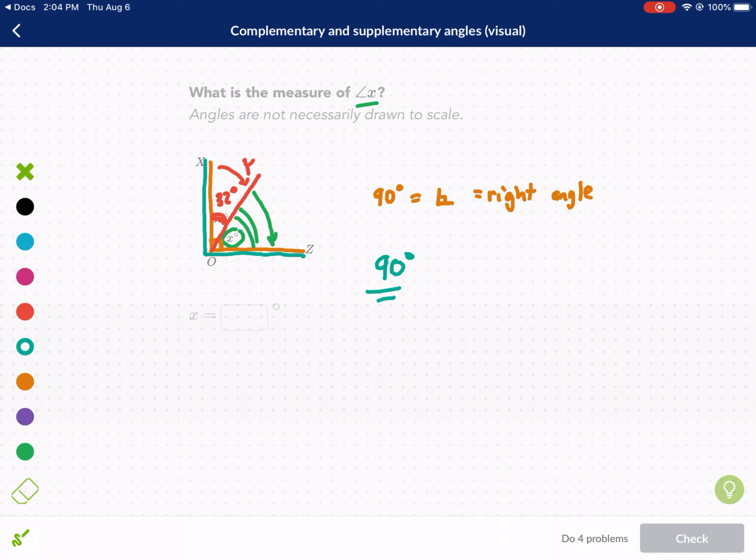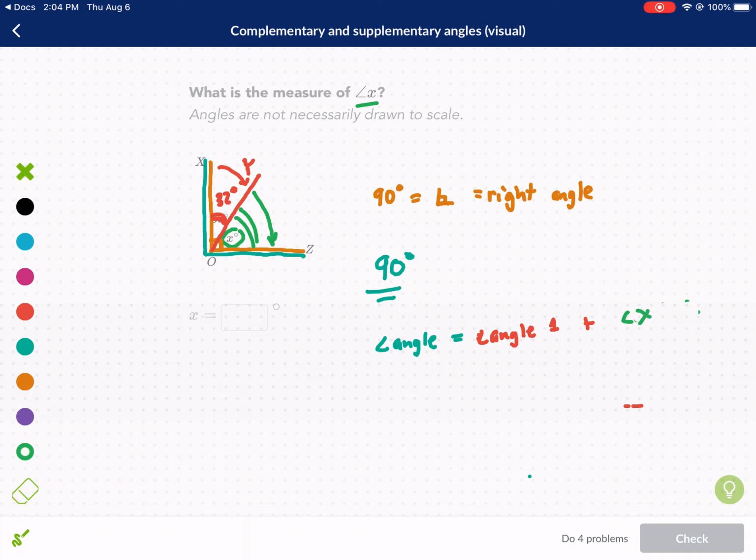So the teal angle is equal to the red angle, we'll call that angle 1, plus, what's the other angle called? We'll call that angle X. I actually could just put an X there instead of writing angle X. I kind of wrote angle with those other ones, but you get what I mean.